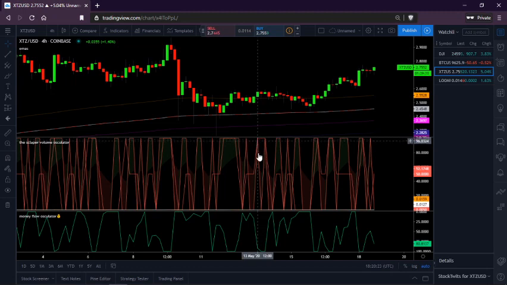So sell because we had a six function cancel or sell signal within one movement right here.